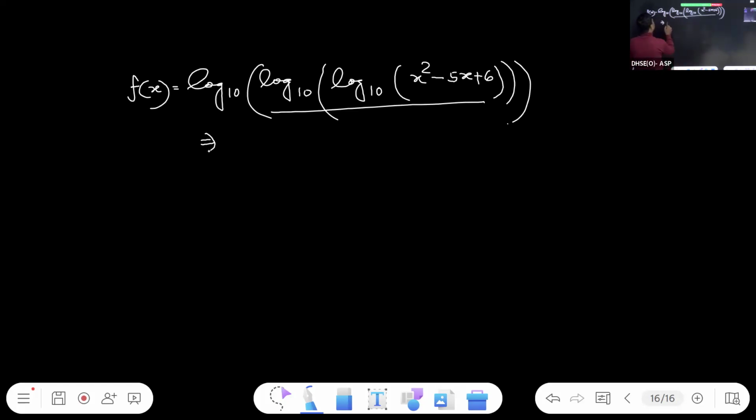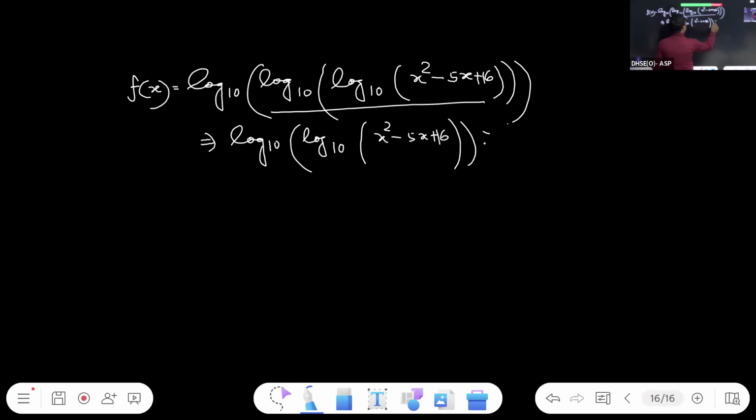This implies log 10 of x square minus 5x plus 6, not 16, greater than 0. This implies log of x square minus 5x plus 6 to the base 10 should be greater than 0.